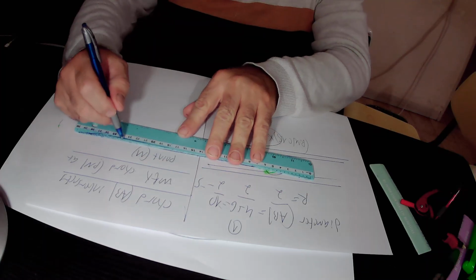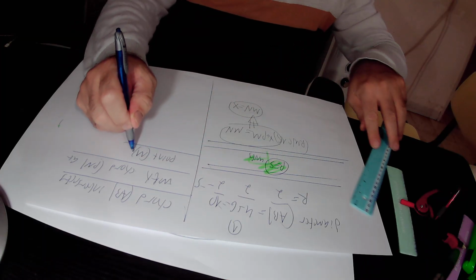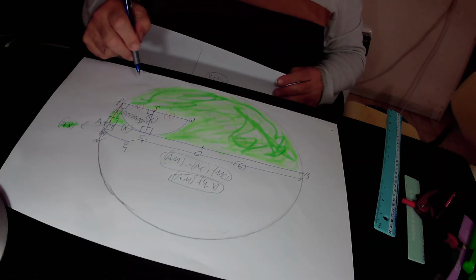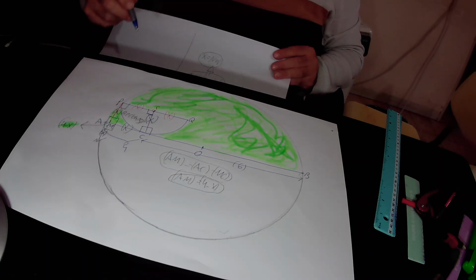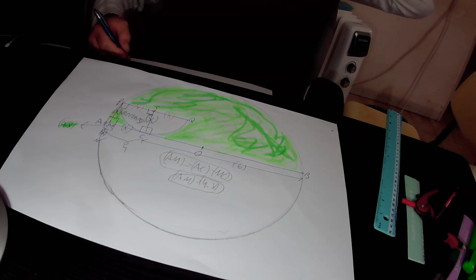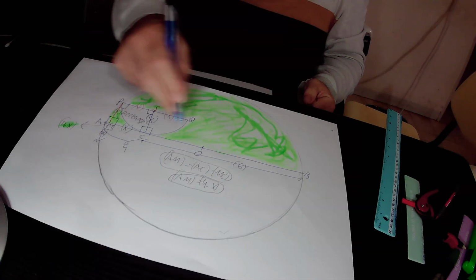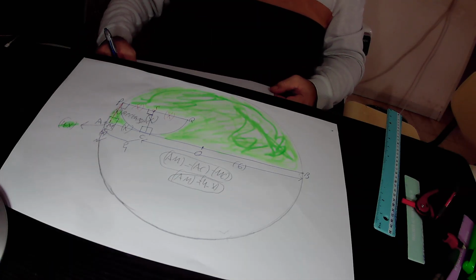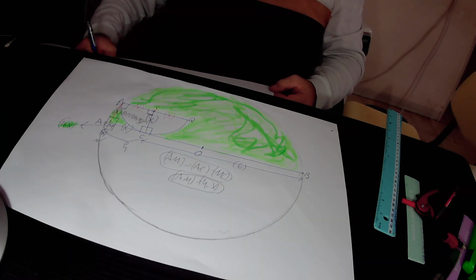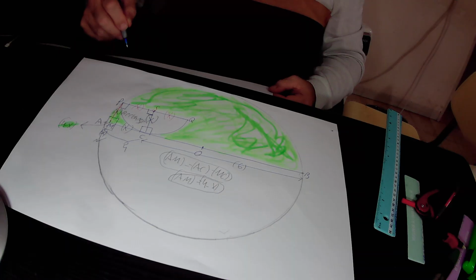According to rule 24, the following equation is true. AM times MB equals PM times MN.